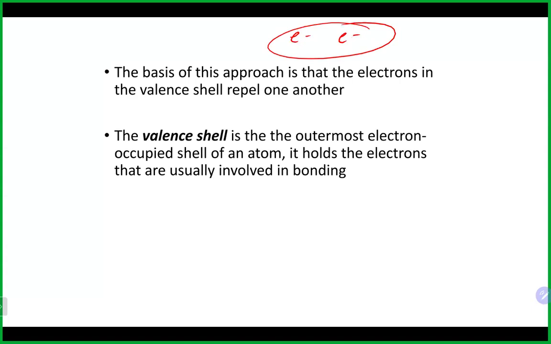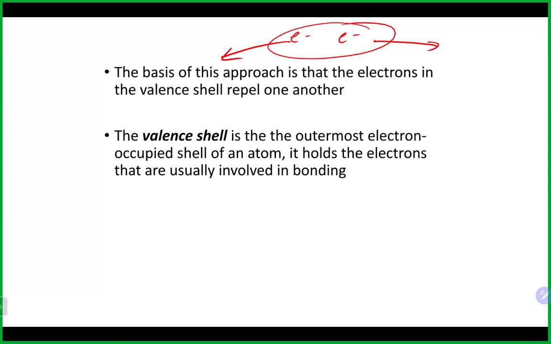The problem, though, is that they are in a bond, attached to this atom, so they really can't escape. But what they will essentially do is try to get as far away from one another as possible. And that leads to different types of geometry that we see. The difference relies upon whether or not there are non-bonding electrons present.